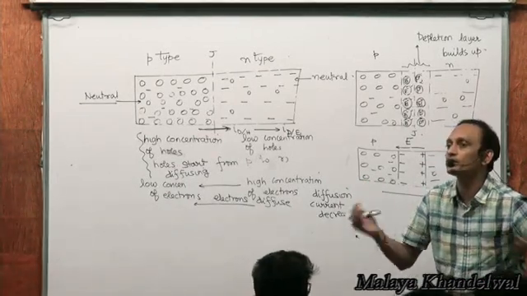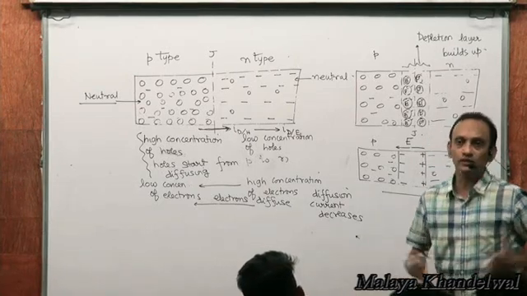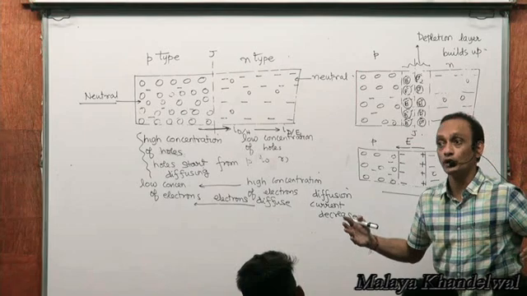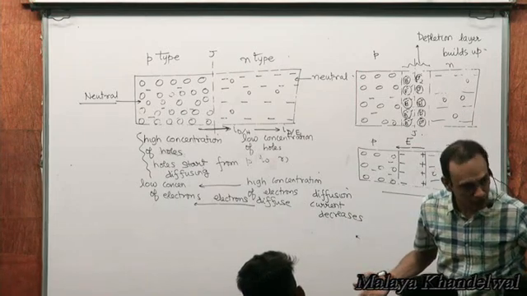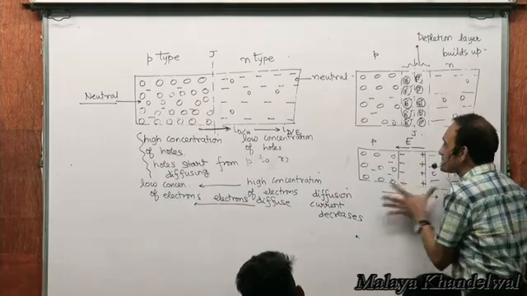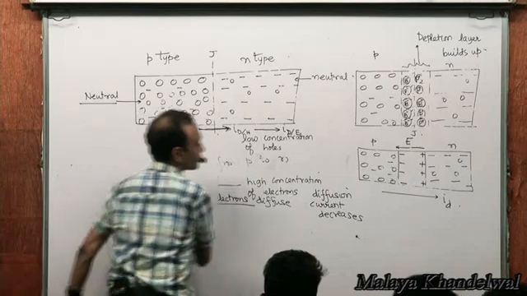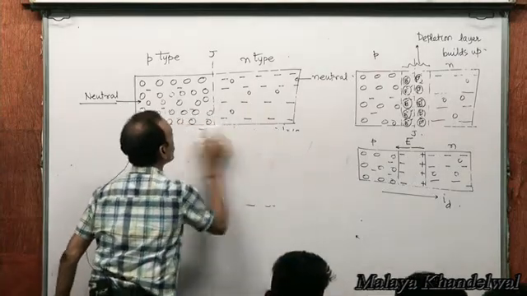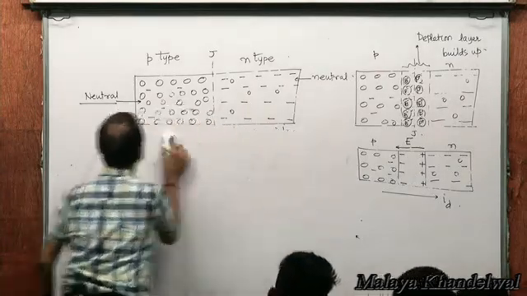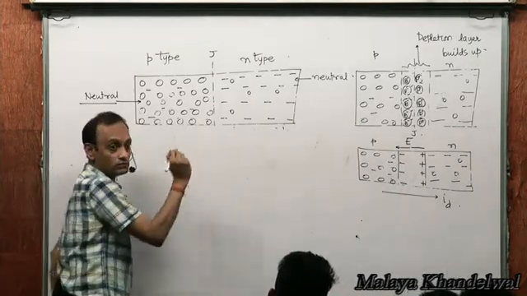Because more and more electrons and holes will recombine and destroy each other, adding to a wider depletion layer. Yes or no? That means, if this depletion layer grows, eventually the electric field will grow.